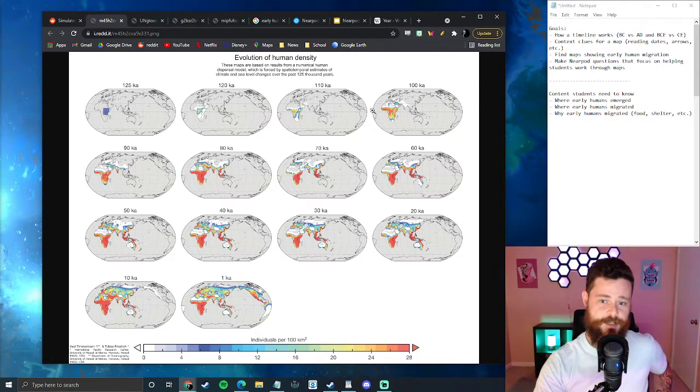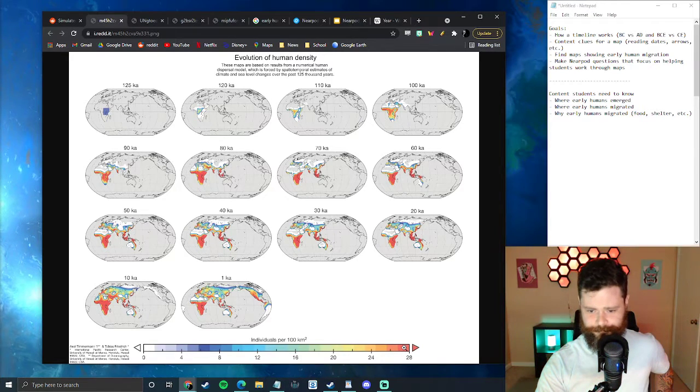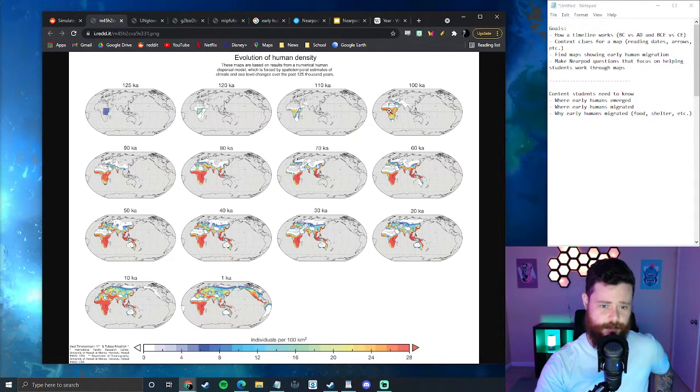So it's not just that people are filling out different parts of Africa here, but also they're becoming more populous, because since they've been there and they've been staying there, the population is going to increase. And then you start to see other areas become red as well, or at least go from purple to blue to green to yellow to orange to red.